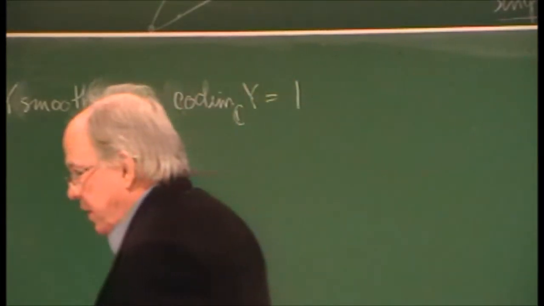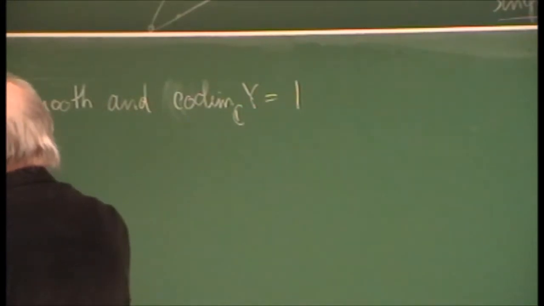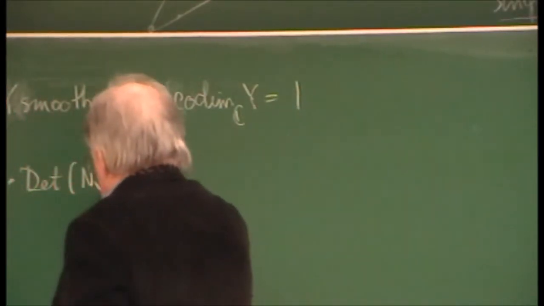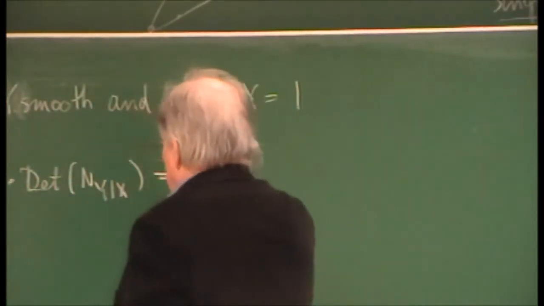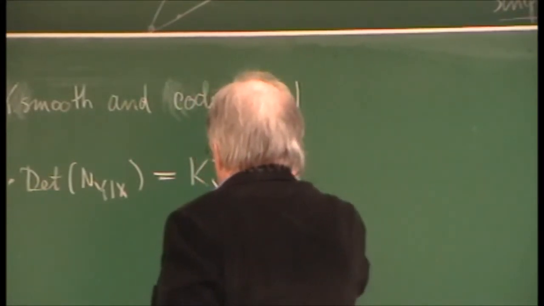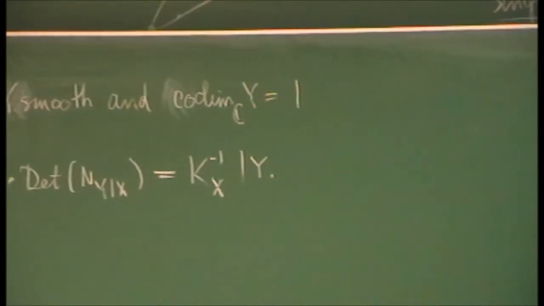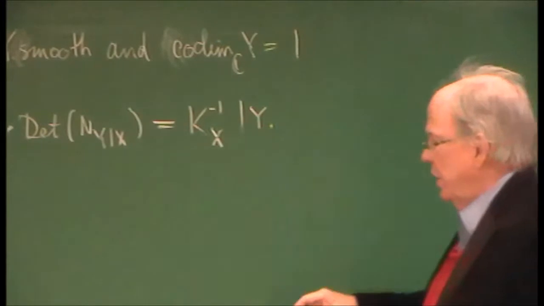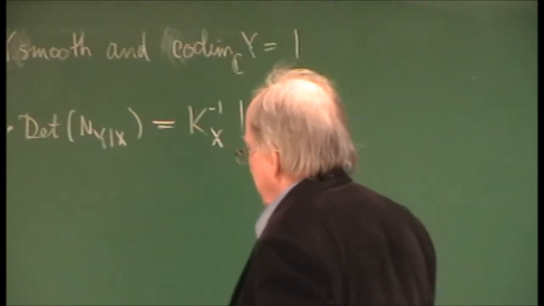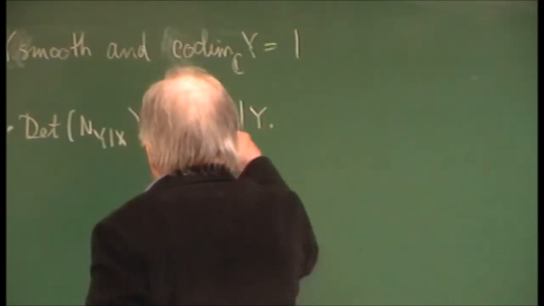Okay, so I'm going to write the formula down. I'm going to twist it around. Here's the anti-canonical bundle of Y times this mysterious determinant bundle of the normal bundle of Y in X equals the anti-canonical bundle of X restricted to Y. I want to just take the inverse of all this.